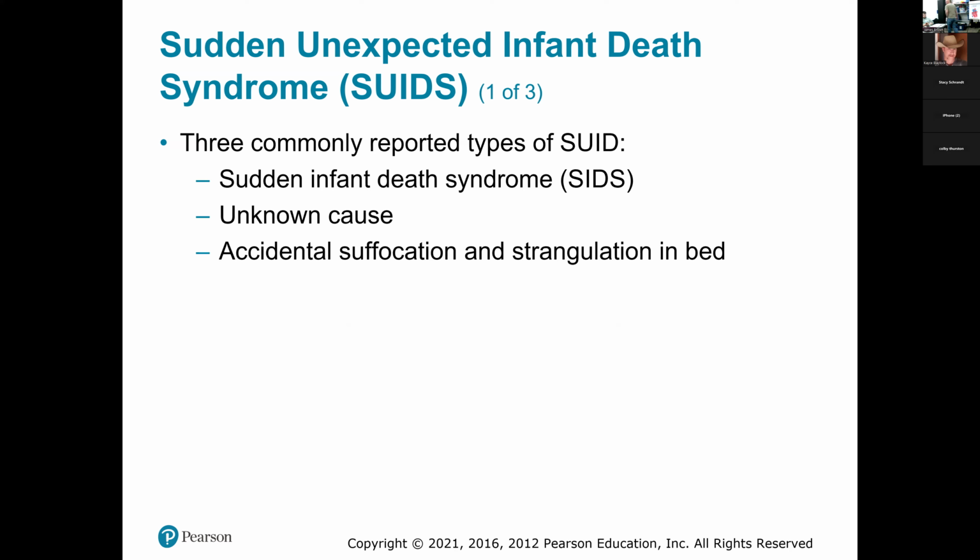So SIDS, there's no reason for it. They can't find a reason for it. They just died. Another one is unknown cause. And then the third is accidental suffocation or strangulation in bed. Okay. Mother rolls over on the child, doesn't realize it, ends up suffocating it. Child gets tangled up in blankets and ends up strangling itself.